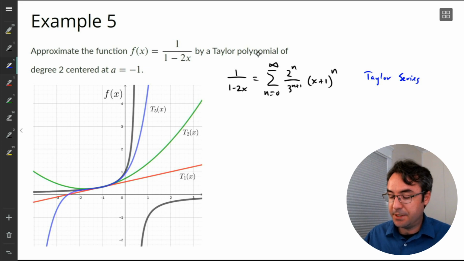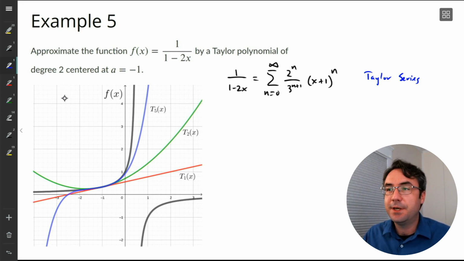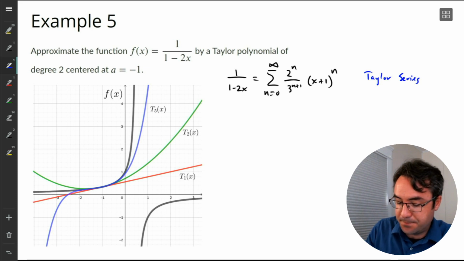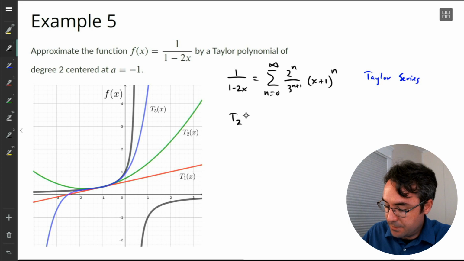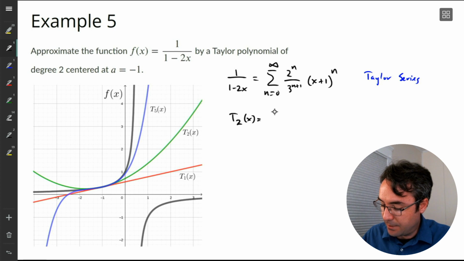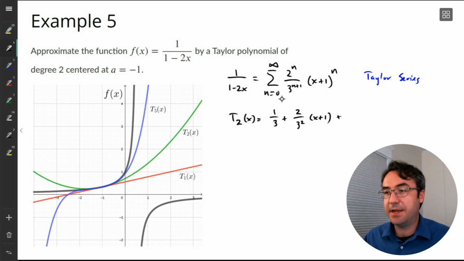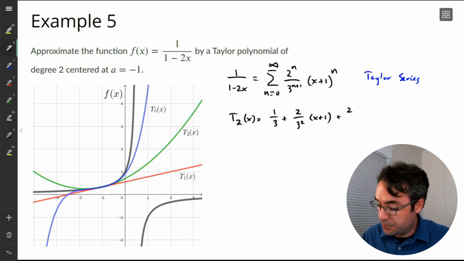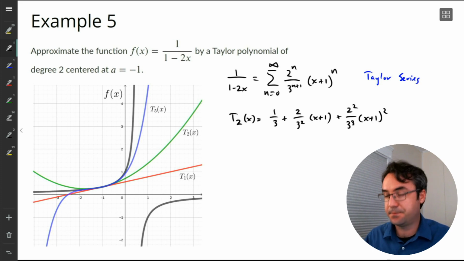And so the Taylor polynomial of degree 2 is where we just write out the first few terms of our Taylor series, essentially. So T2 is equal to, when n equals 0, we get 1/3. Then when n is 1, we get 2 over 3 squared times x plus 1. And when n is equal to 2, we get 2 squared over 3 cubed times x plus 1 squared.